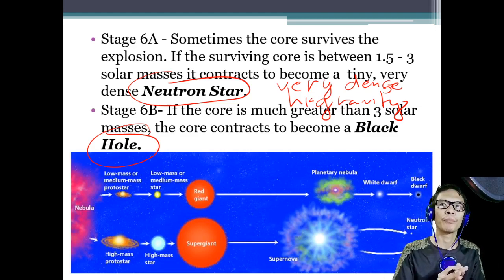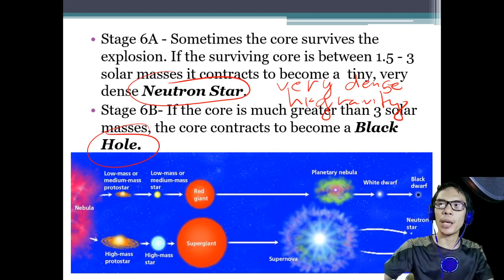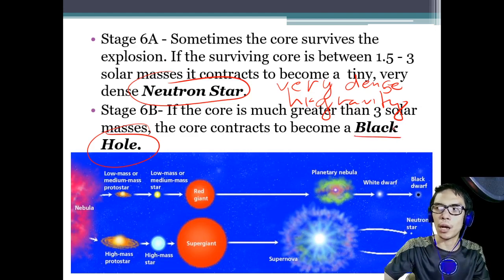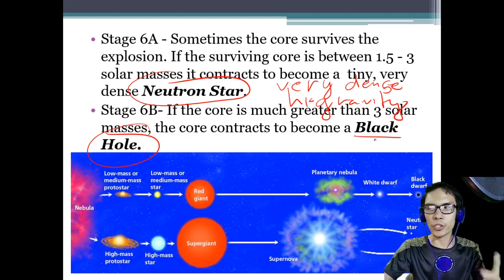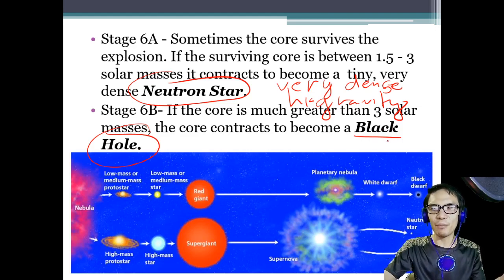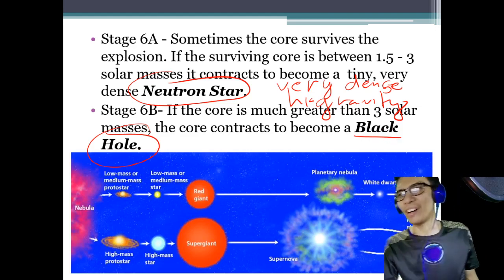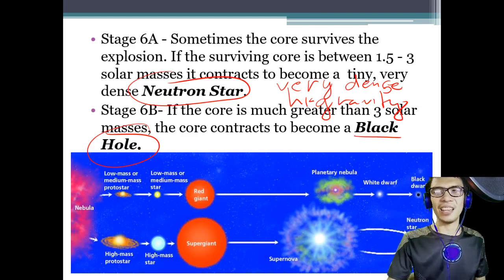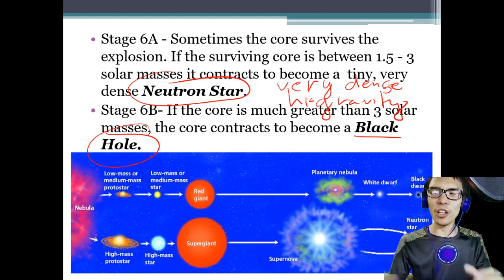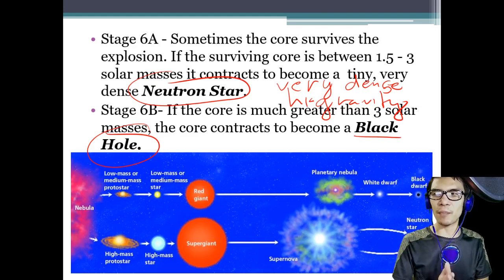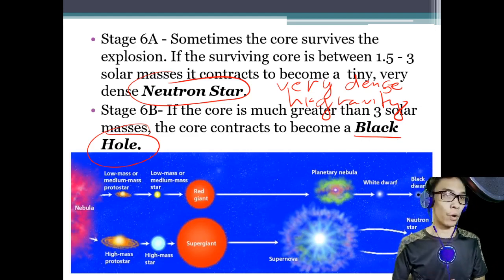And some stars become a black hole, which is a monstrosity. These are monsters in the universe that eat everything on their path. No matter can escape when it is inside the black hole.